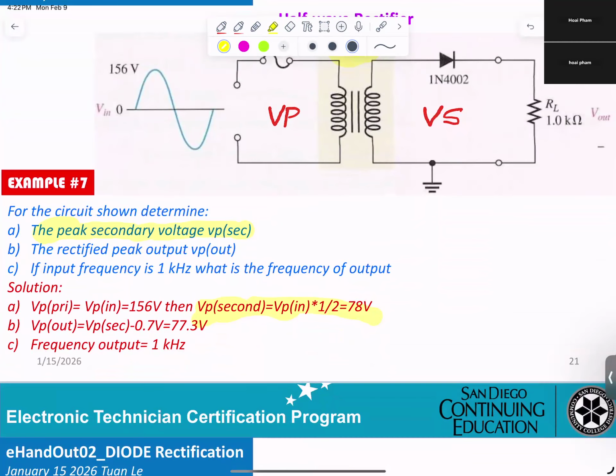And they want V peak out, V peak secondary minus 0.7. That only tells you that when we pick from here, it will be 78 volts.